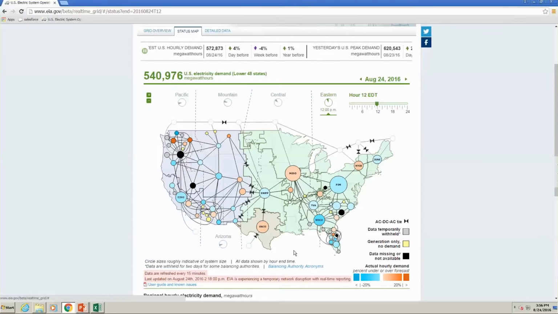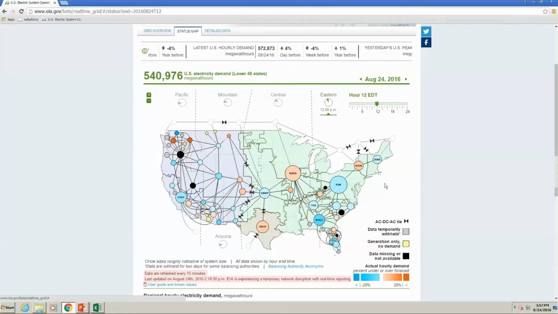But the movement of power between interconnections, the three areas I talked about, is limited, and they're indicated by these little bow ties, which indicate facilities that allow power to move back and forth, but that's not being done freely. You actually have to set that transfer to a specific level.